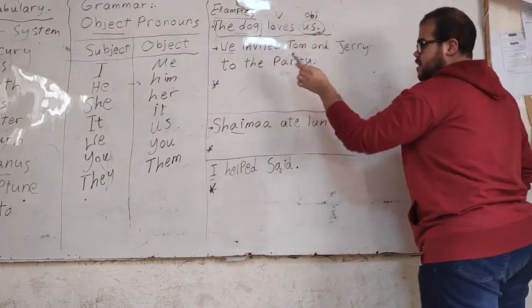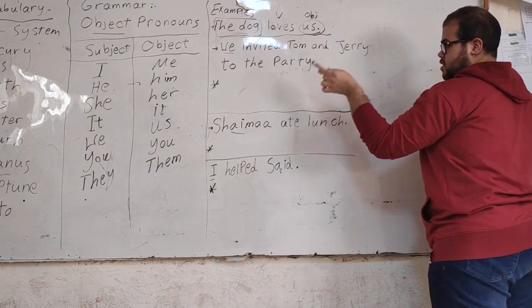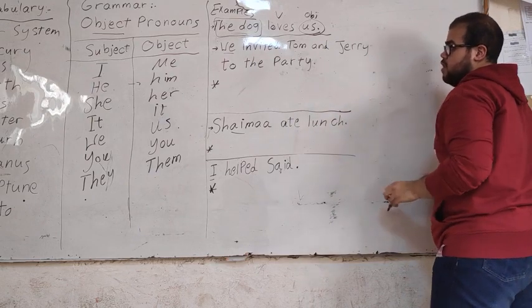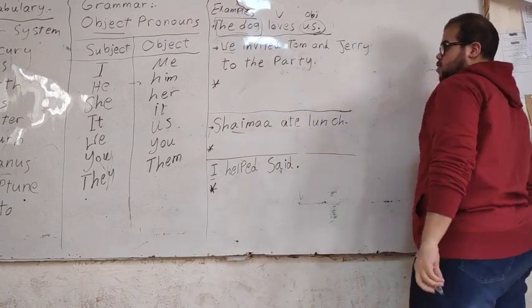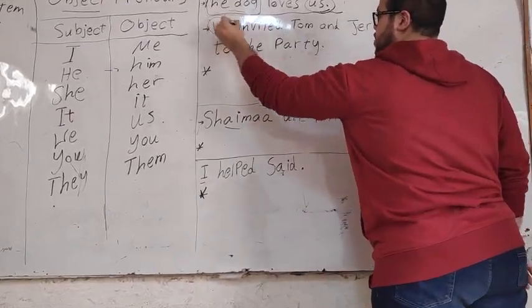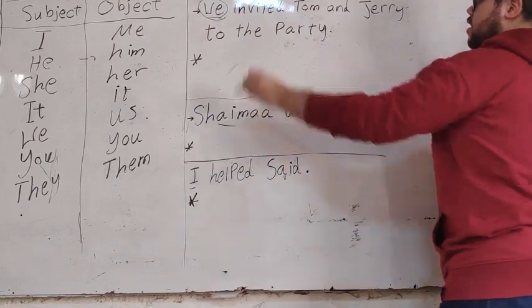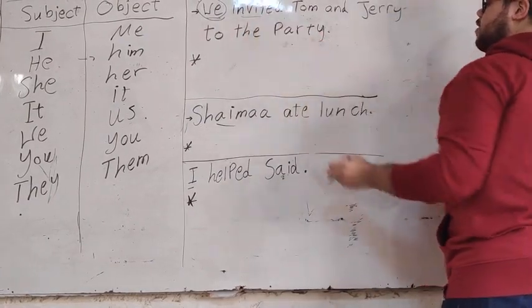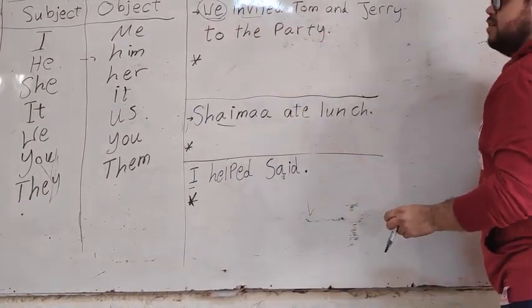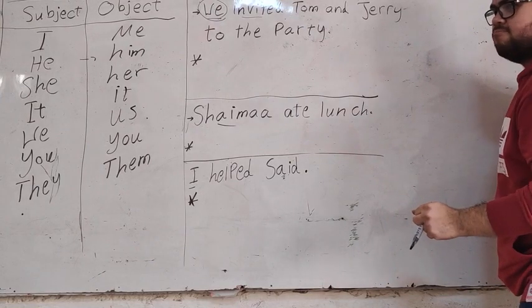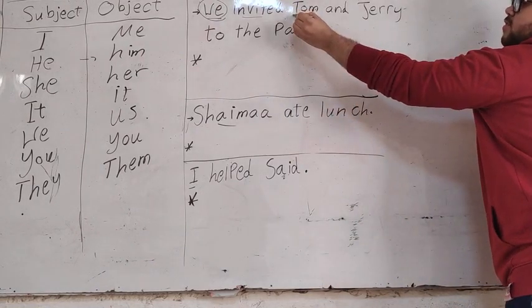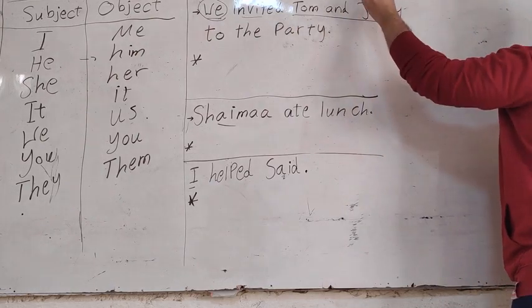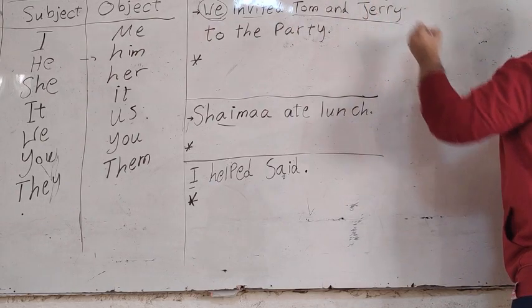Now, you tell me in the second sentence the subject and the object pronoun. We invited Tom and Jerry to the party. So, we is the subject, invited the verb. Where is the object? Can you see any object pronouns here? Yes, indeed. Tom and Jerry is the object.